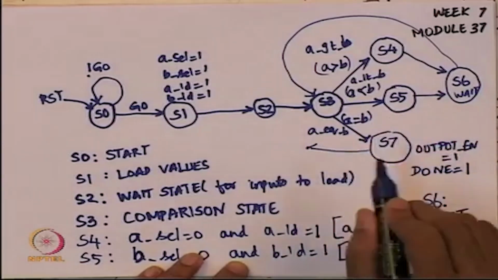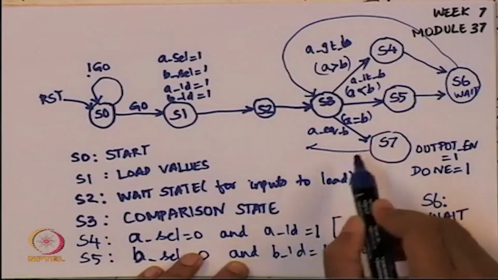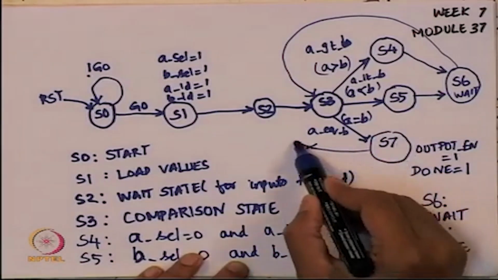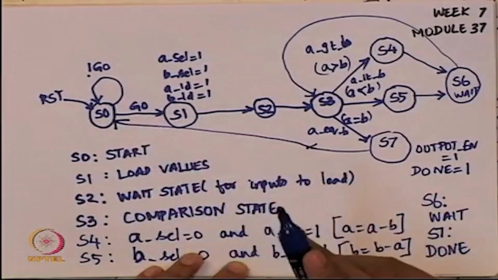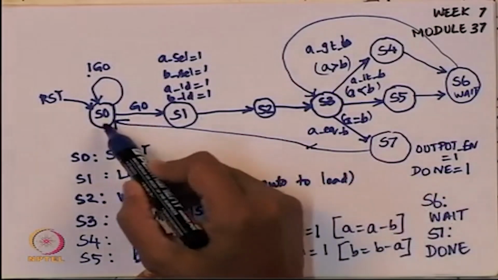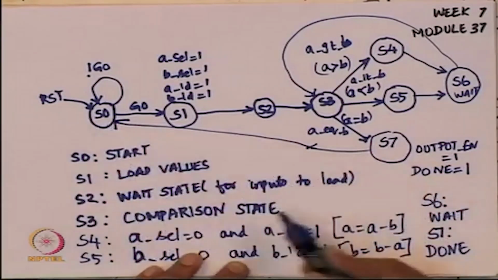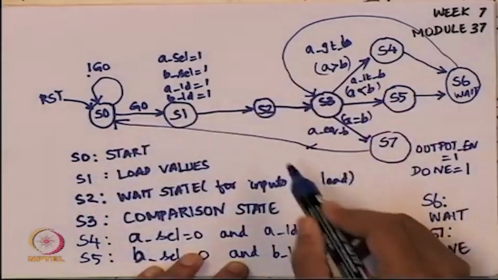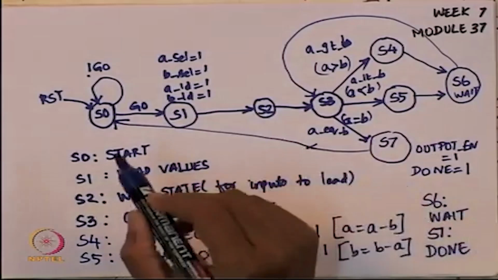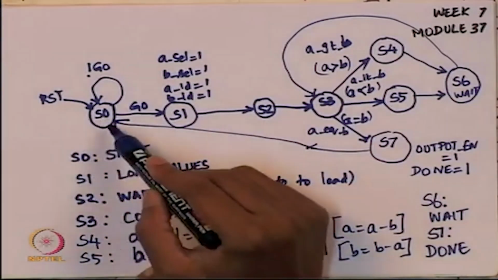In some sense this is equivalent to printing A. This is the end of the loop. Once this is done, I am ready to take new inputs, and I am ready to take them from S0. So, I am going to connect this back to S0, so that once the done signal is ready, it means I have processed the current inputs and am now ready to take a new set of inputs. And what is the protocol for that?